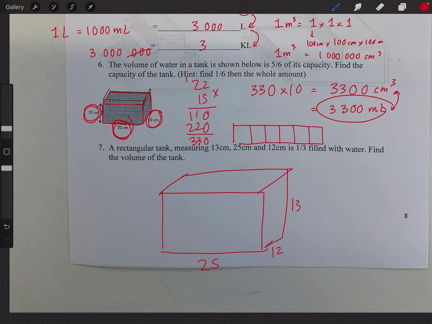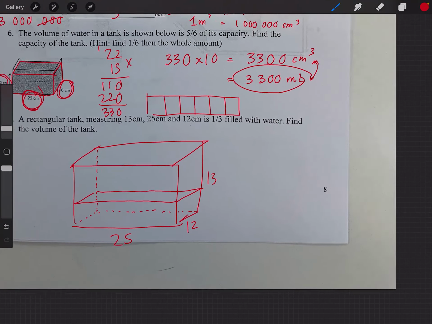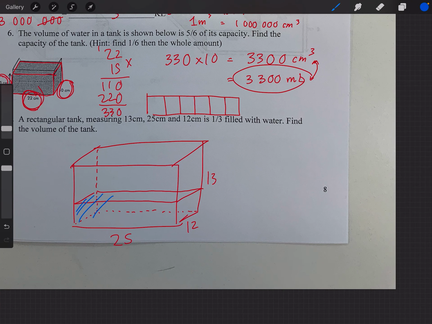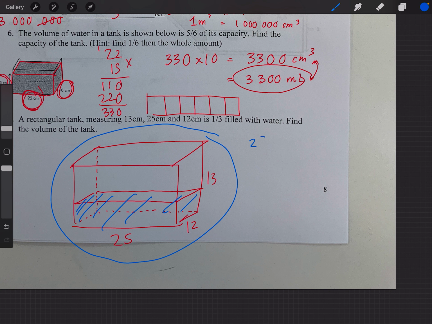Okay, to find the volume of the tank. The question is not very clear on whether they want you to find the volume of the entire tank or just the amount of water. So 2 answers are acceptable in this case. If you find the volume of the water, first we have to find the volume of the entire tank. So the volume of the entire tank is 25 times 12 times 13.